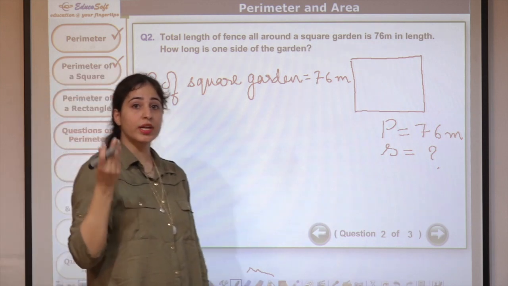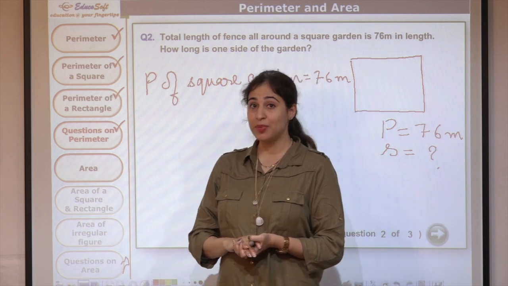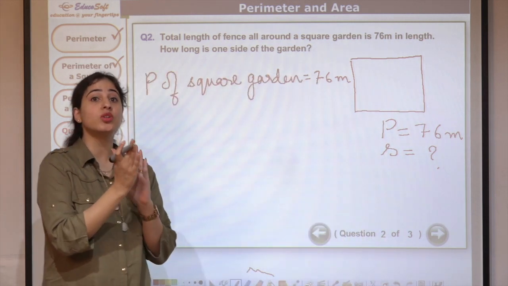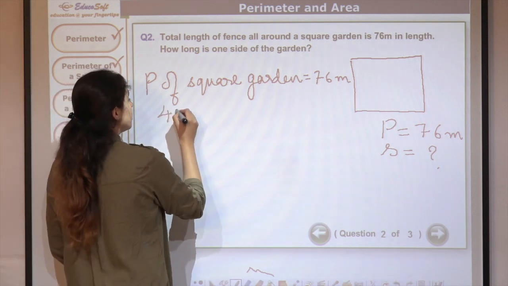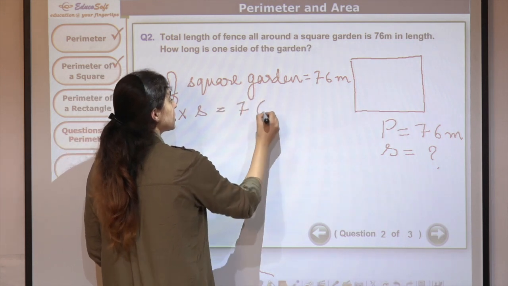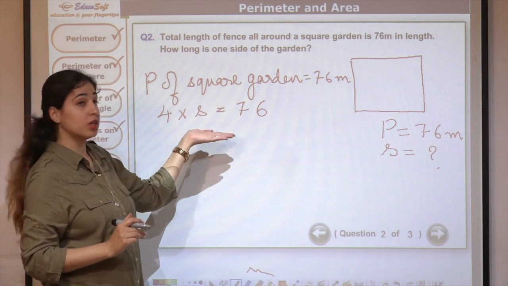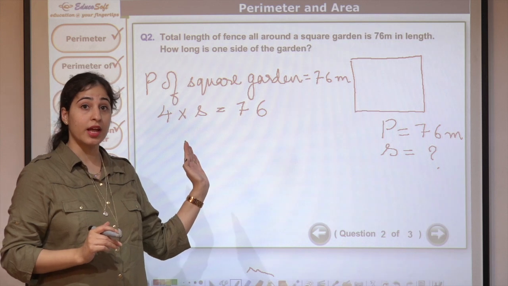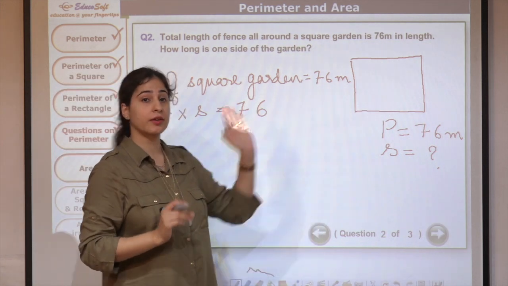Now, let us quickly recall what is the perimeter of a square. We know that the 4 sides of the square are equal, so it is simply 4 times the side. So, 4 times S is equal to 76. Now, to solve this equation, we need the variable on the left side and all the other numerals on the right side.